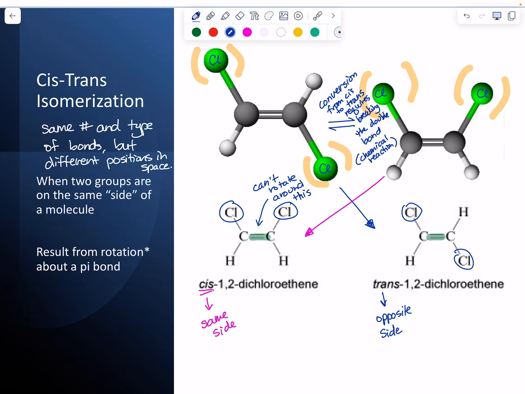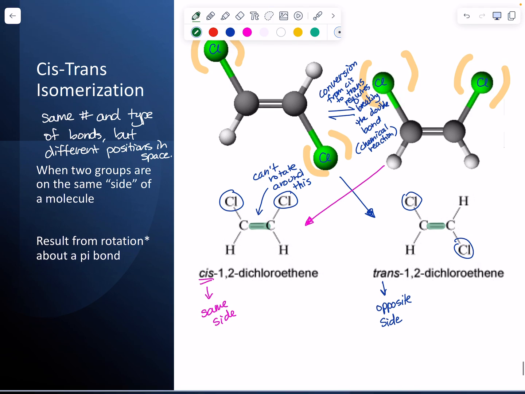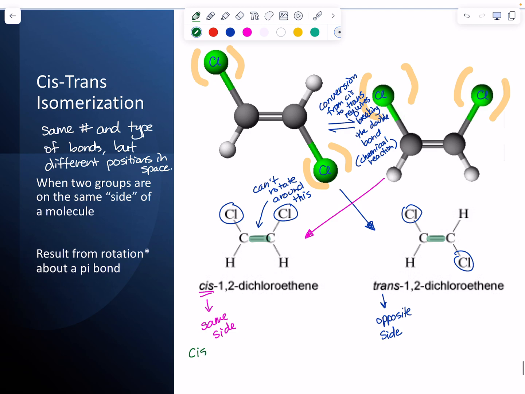So when you hear talking about dietary things, things like cis versus trans fats, what they're referring to is a fat molecule. So let's look at an example of a cis versus trans fat.